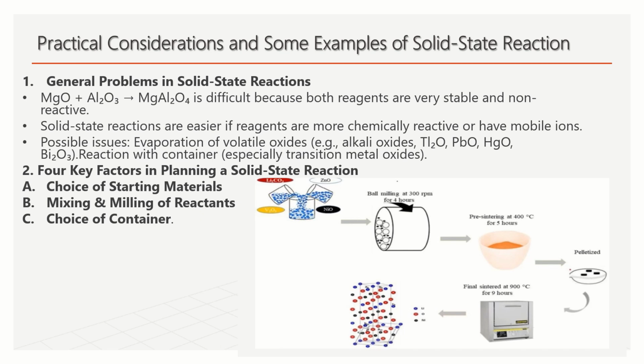Also, alumina crucibles, which have a high melting point but may cause slight contamination. Silica crucibles are stable up to 1100 degrees Celsius but react with alkali oxides. And graphite crucibles are used for sulfides, chalcogenides, and nitrides. So the container depends on the reaction chemistry.